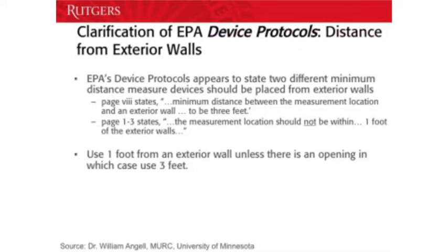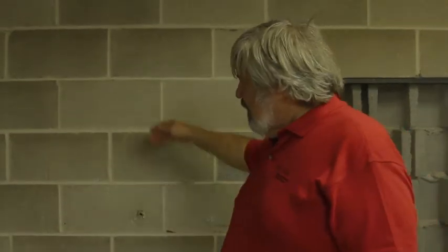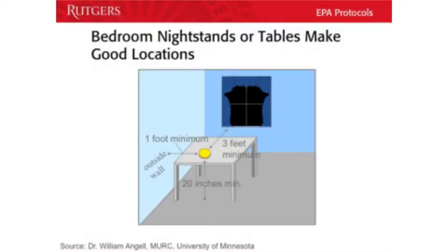Now, exterior walls can be a problem. In any exterior wall, most of the radon's entering at the perimeter of the room for many buildings. So we don't want to get exactly at the wall, and there are other reasons for not testing there. So if it's an exterior wall, we want to keep at least 12 inches away from that exterior wall.